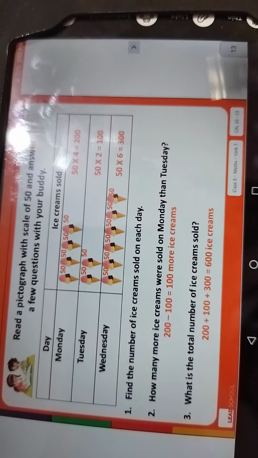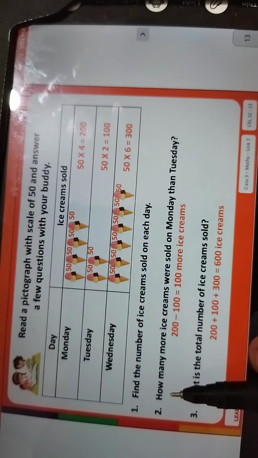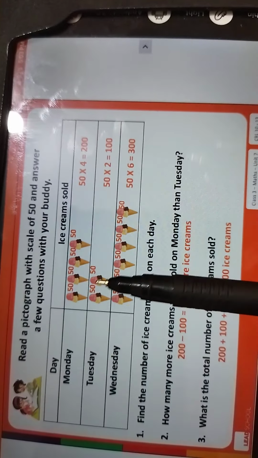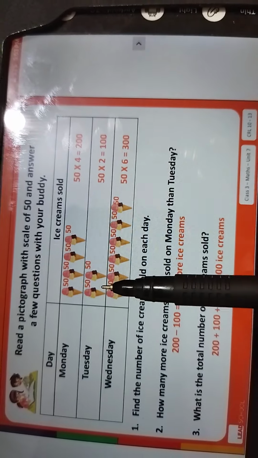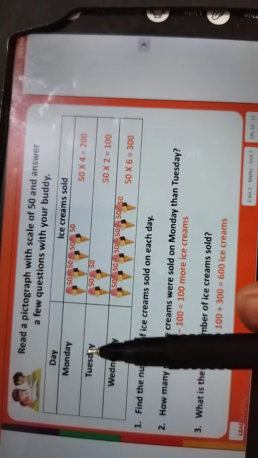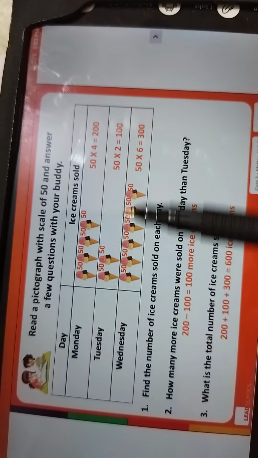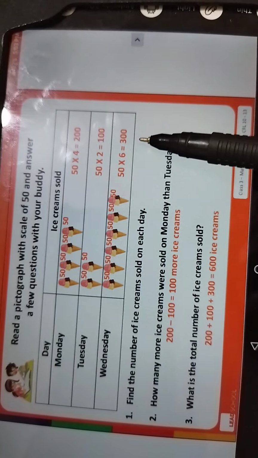So on Monday how many ice creams are there? 15 into 4 is 200, 15 into 2 is 100 and 15 into 6 is 300. On Monday they sold 200, on Tuesday 100 and on Wednesday 300 ice creams.